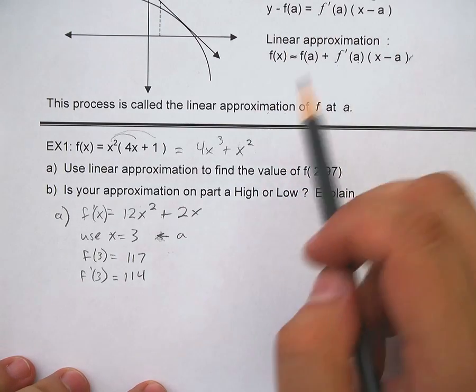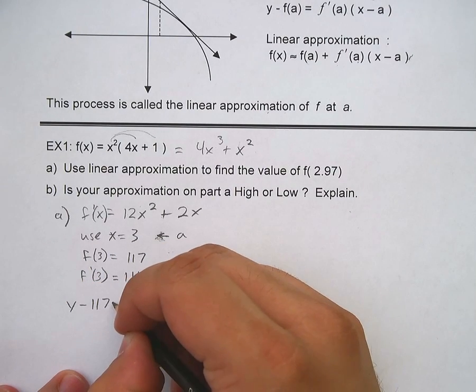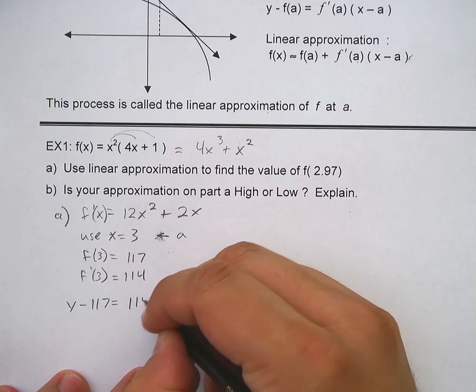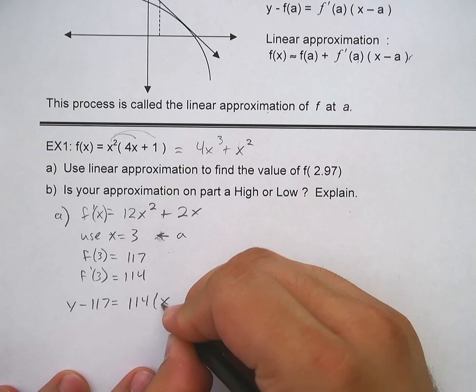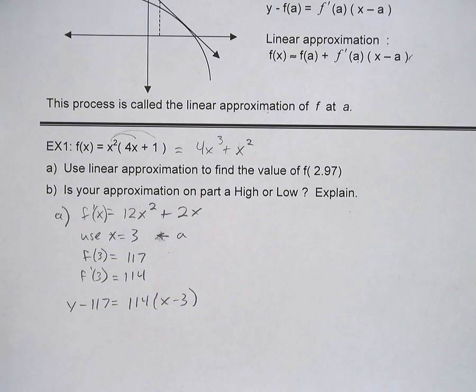So I've got y minus 117 is 114 times x minus 3. Okay? Here's where the linear approximation comes into it. This is the equation of the tangent line at 3.